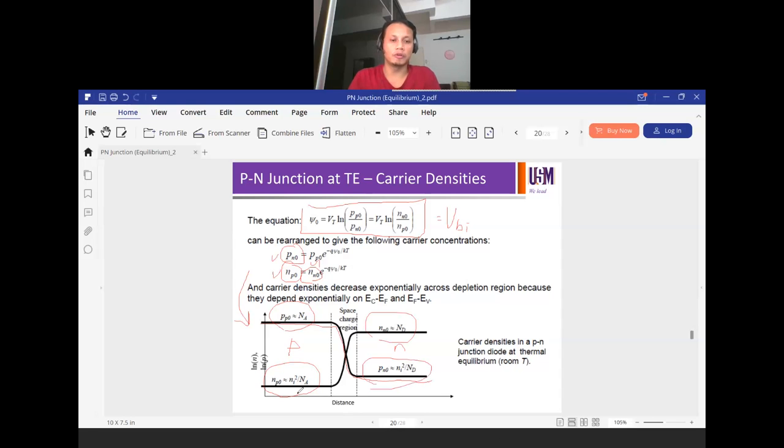Okay, so minority carrier is always given by Ni squared over Na, and majority carrier is always given by the approximation of Na or Nd, assuming 100% ionization. Now that we know PP naught is approximately equal to Na, we want to know how much is the minority carrier concentration of hole on the right hand side.